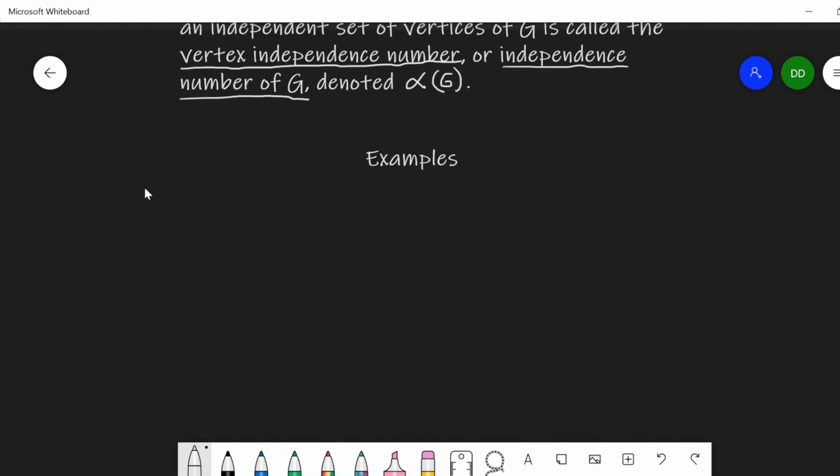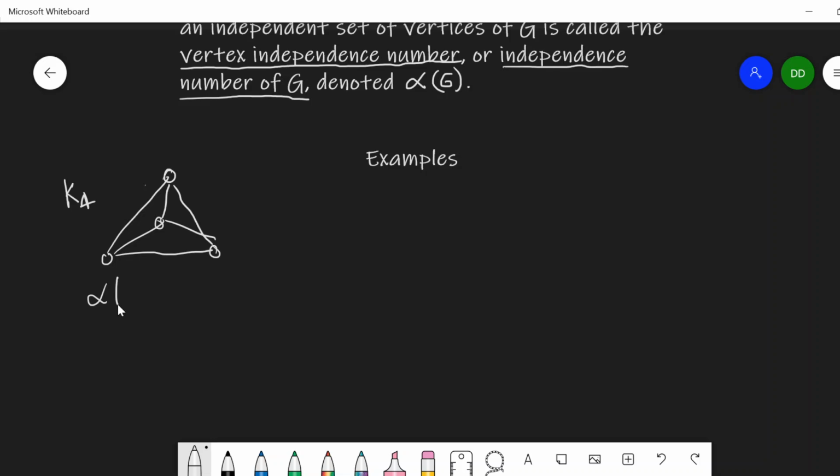If we look at, say, a complete graph, let's take K4 for example. So here's K4. Well, any two vertices I pick are adjacent to each other, and so the only independent sets are just the singletons, just single element sets of vertices.